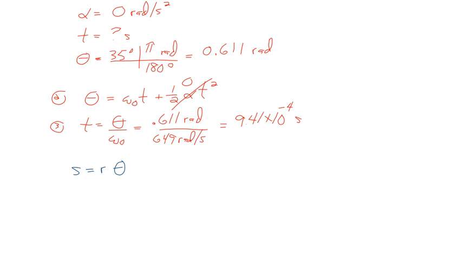So in part B here, all we have to do is just plug in the numbers. 0.21 meters times 0.611 radians. And that's going to give me the answer in meters, because that's R and that's theta. Remember, theta has to be in radians. So that's in meters, that's in radians.